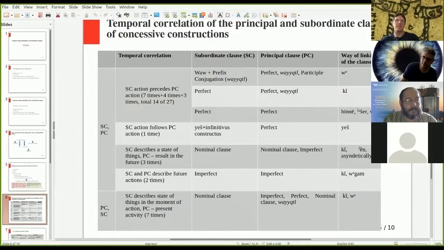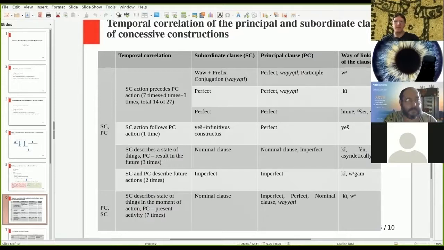And the first thing that I should say is about the relative position of the principal and subordinate clause. Mostly, as you can see, the subordinate clause precedes the principal clause, and this is the default order, and most of the languages of the world do it that way.